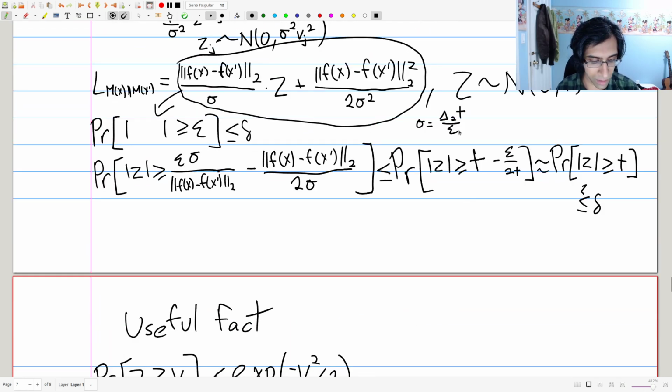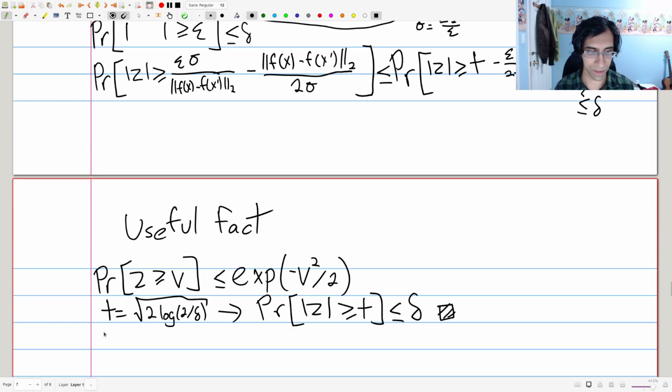This is not surprising if you're very good with probability, in the sense that you'll know that the tail of a Gaussian decays as square root log 1 over delta. You have to go square root log 1 over delta in order to isolate only delta probability mass in the tail. So I claim this t is kind of natural.